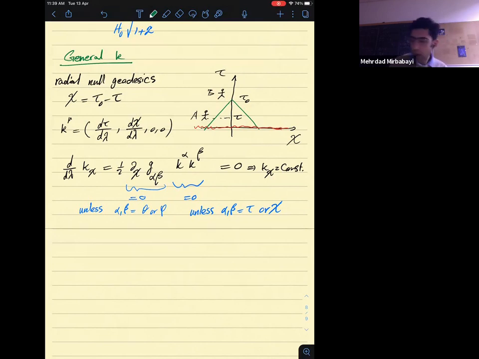Okay, so now we can, for instance, ask the following question. Imagine now we think of Alice as being some source, like a supernova that has a given luminosity. And we want to ask what is the energy flux that we measure at a later time.